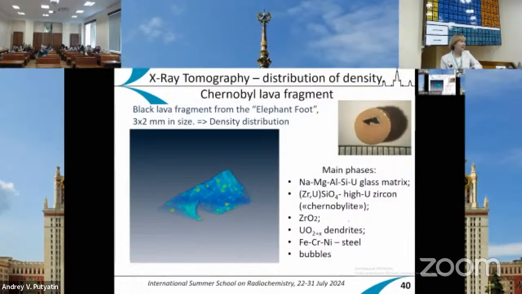And you can see the distribution of density using tomography. It is not elemental composition, it is only distribution of density. But it is very interesting to see what is inside some sample.